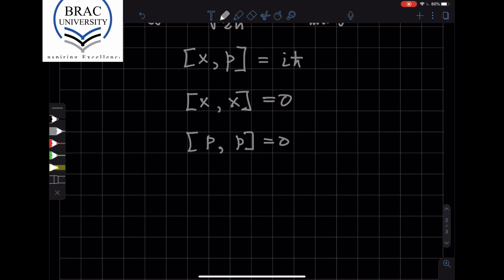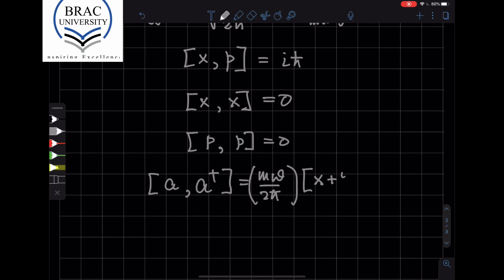Now, using these, we can figure out what the commutation relationship is between A and A dagger. So what is A? A is the square root of m omega by 2 h bar, but there will be another factor coming from A dagger, so the square root goes away. Then we have the commutator of x plus i p divided by m omega with x minus i p divided by m omega.